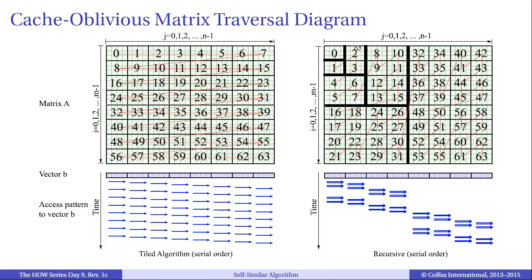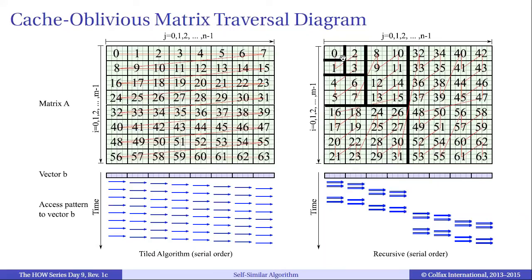Then when I recurse into the left-hand side, I look at the matrix shape. Oh, now it's too tall, so let me split it vertically. Now it's too wide, split horizontally. Too tall, split vertically. Too wide, horizontally, and so on. And I will recurse down until my submatrix is small enough.